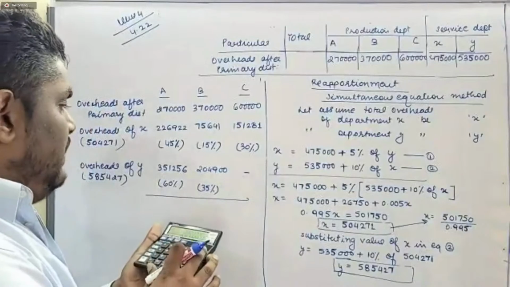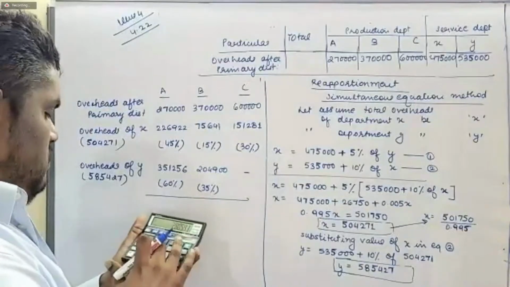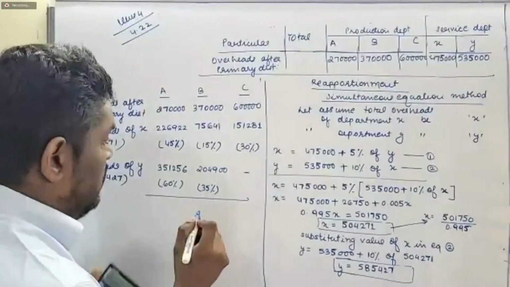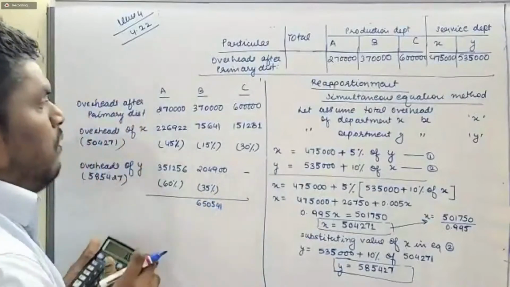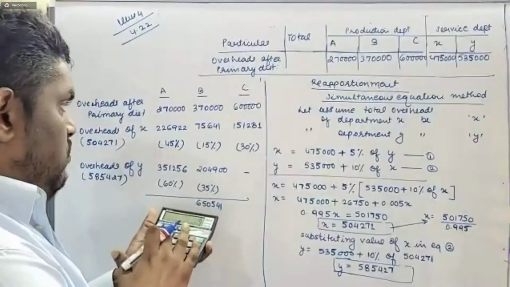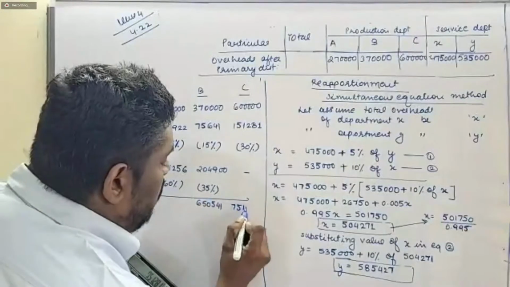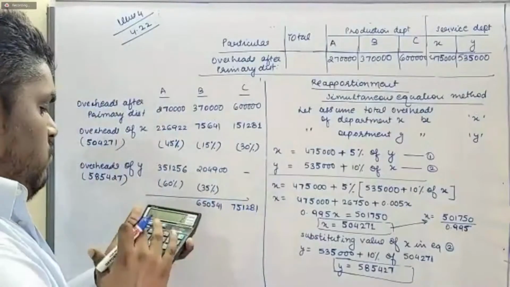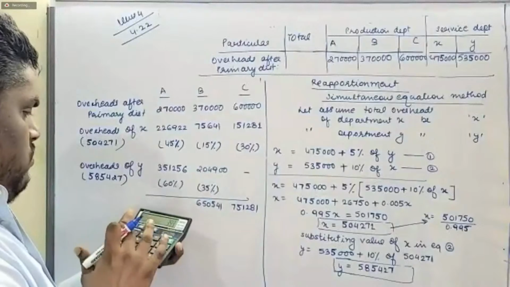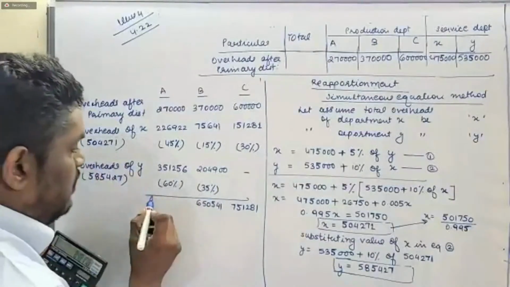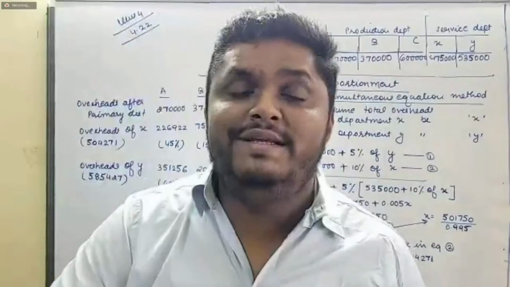So this is how we'll get the total amount. So this is the important point, that is how to distribute.